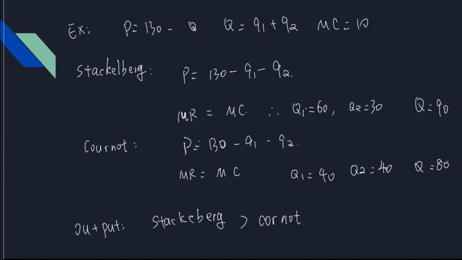After the same calculation in Stackelberg, Q1 equals 60, Q2 equals 30, and the total quantity is 90. In Cournot, marginal revenue equals marginal cost, similar to perfect competition, so Q1 equals 40, Q2 equals 40, and the total quantity is 80. Now 90 is greater than 80, so in terms of output, we can conclude that Stackelberg is greater than Cournot.